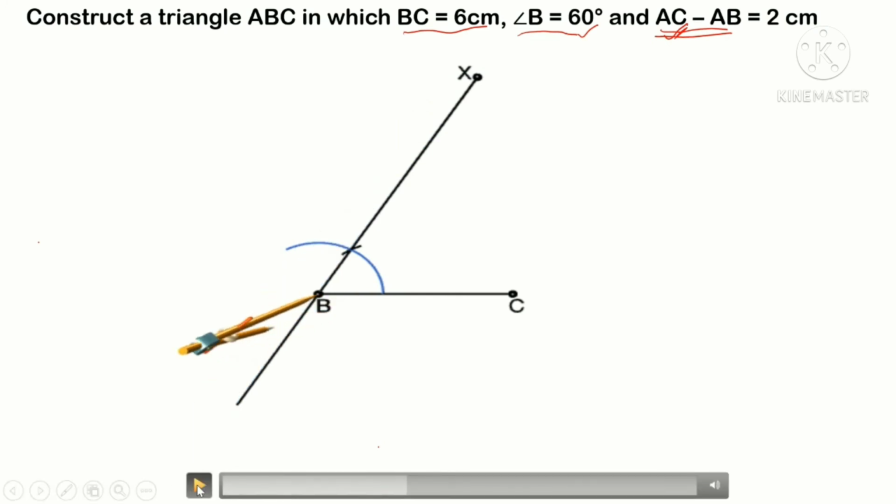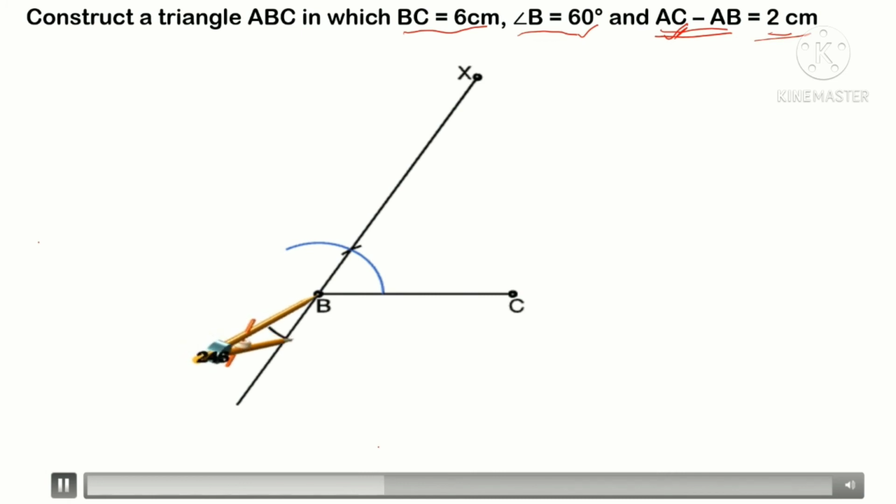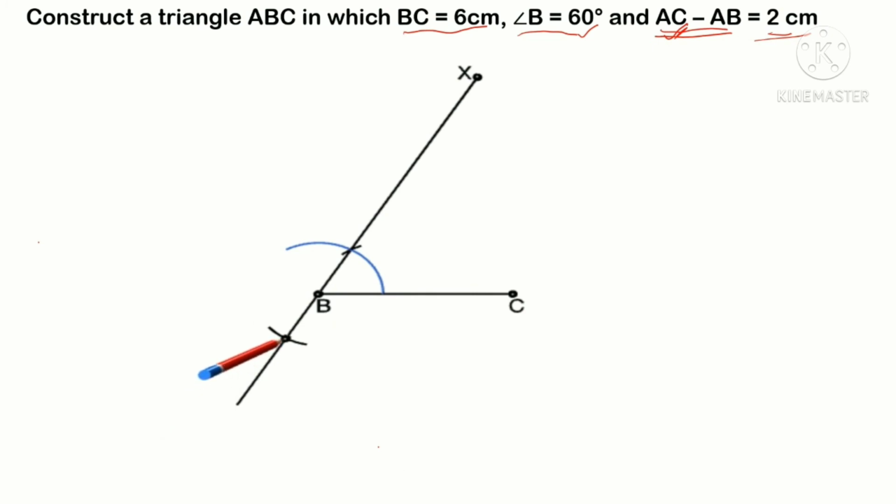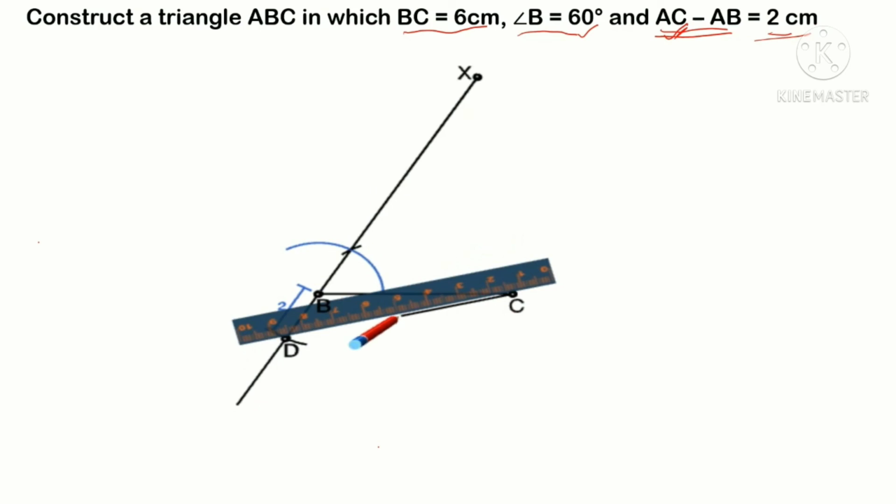Now, AC minus AB, whatever is the difference given, that difference we are going to mark here, on the extended ray. So this is BD, that difference which was given in the question. Purposely I am naming this point D every time. See, this is that difference.